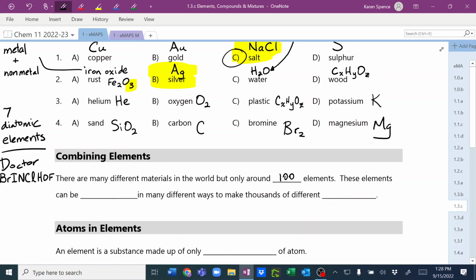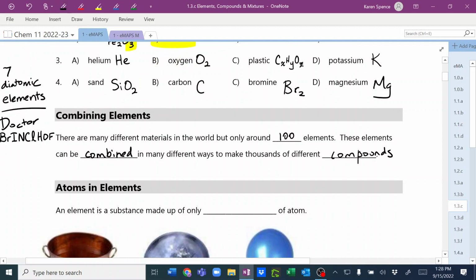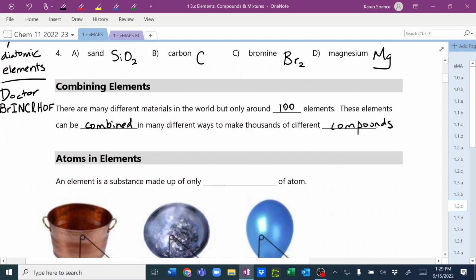These elements can be combined in many different ways to make thousands of different compounds. An element is a substance made up of only one type of atom.